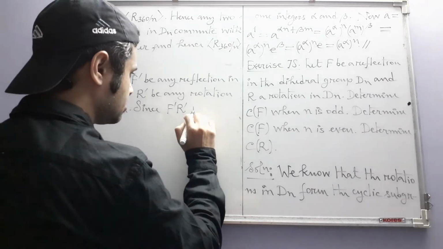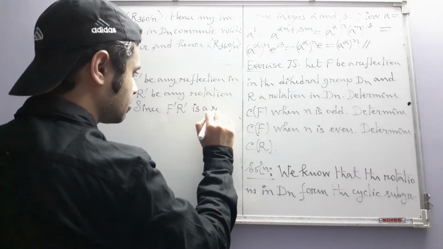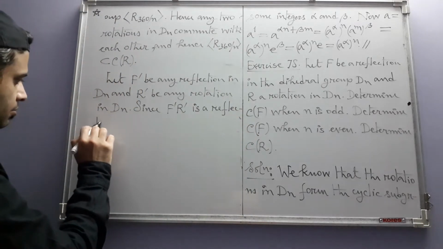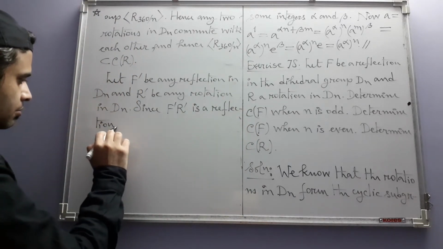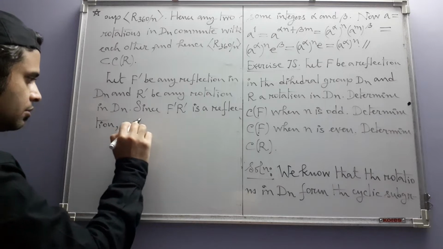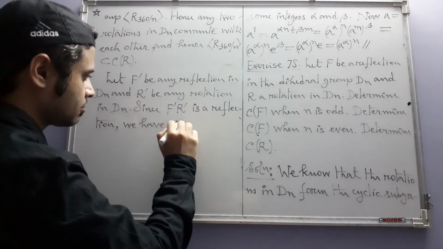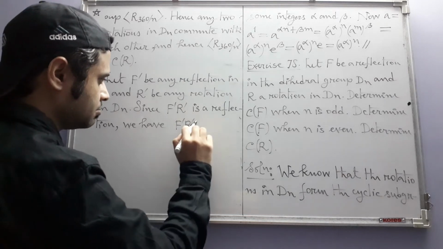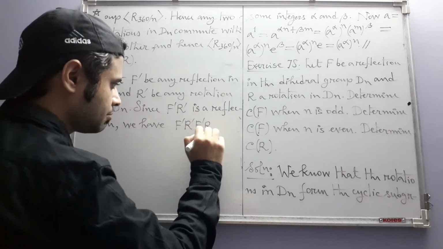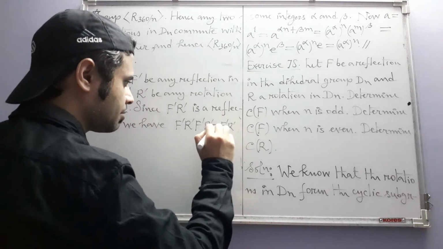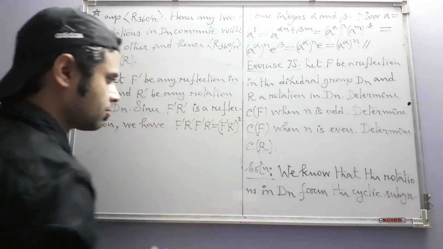Since this is a reflection, we have F prime R prime, F prime R prime, which is F prime R prime square.